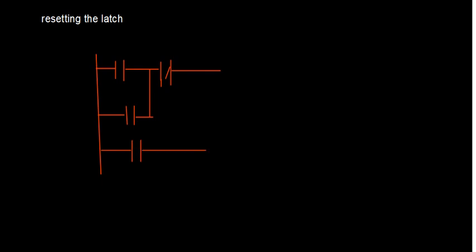So I have the first rung wherein I have got one input device, and whenever I speak about the latch, generally I will have a normally closed switch here. Then you can have it like this. This is what we generally have as the latching circuit.